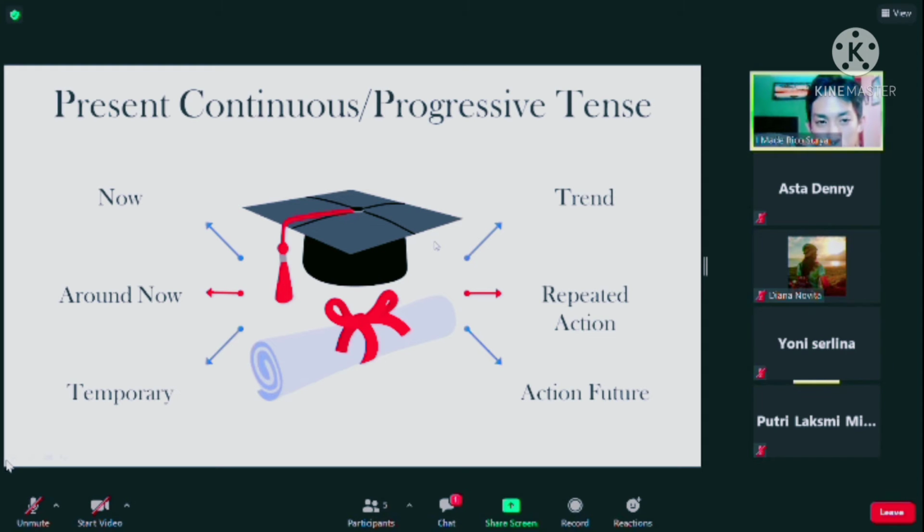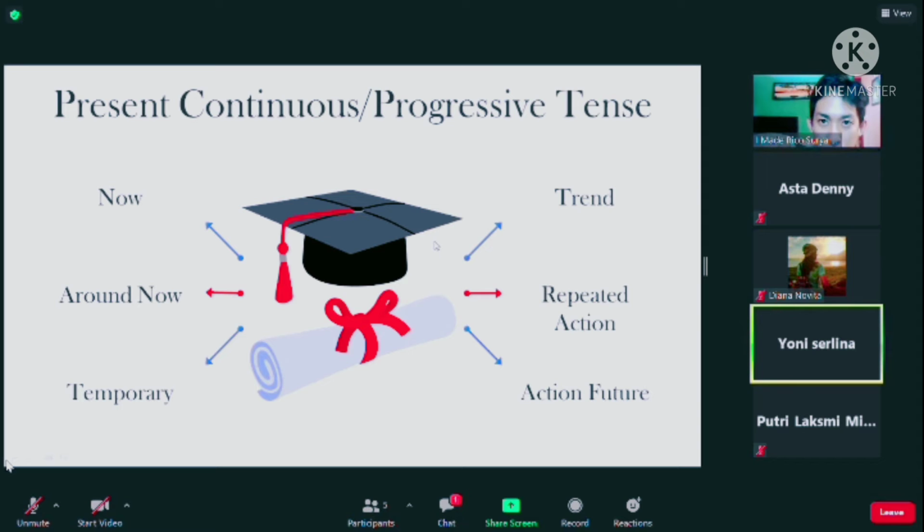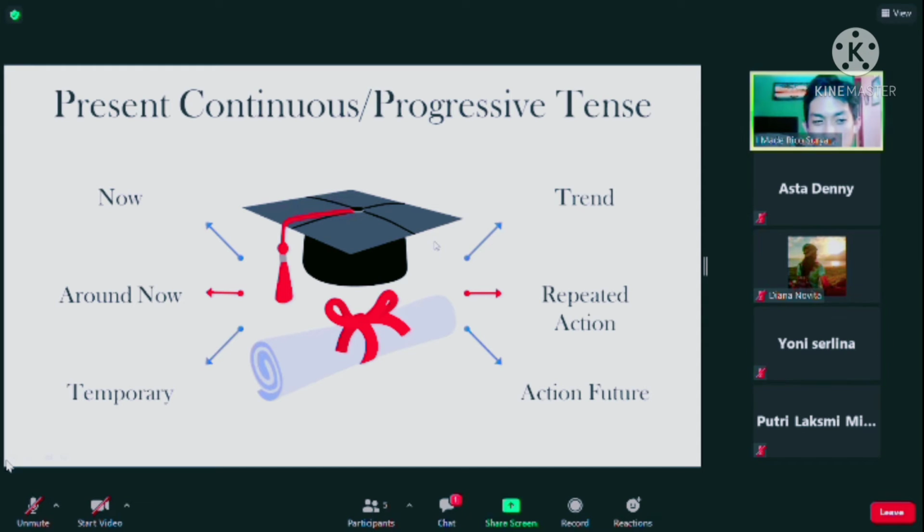Okay, so you're asking, is there another word to represent now? Because now is too formal, isn't it? Yeah, that's what I mean. Okay. You can say nowadays or these days or lately, recently, something like that.